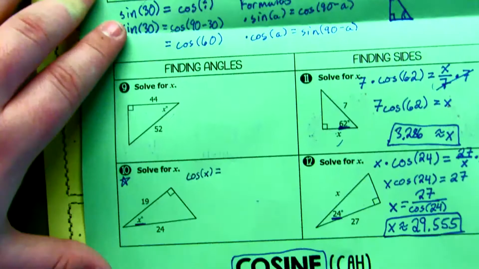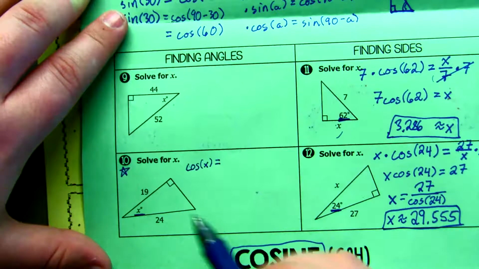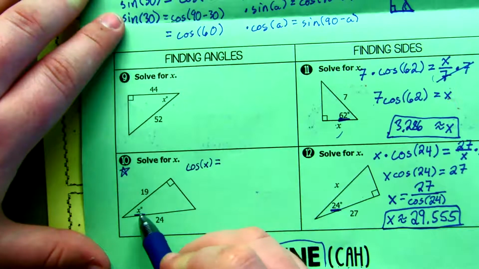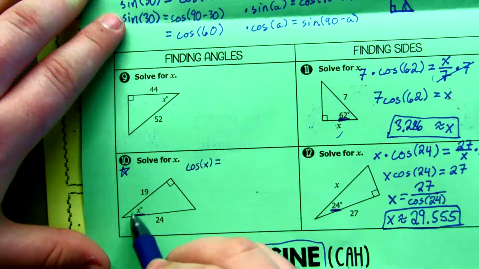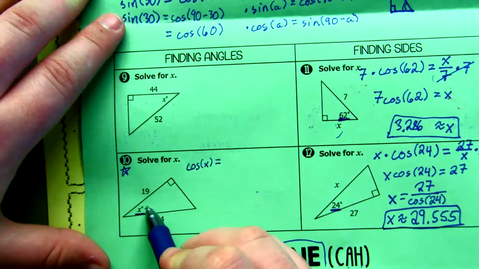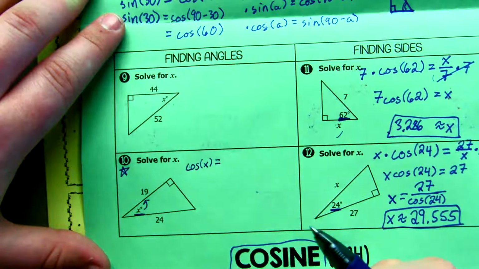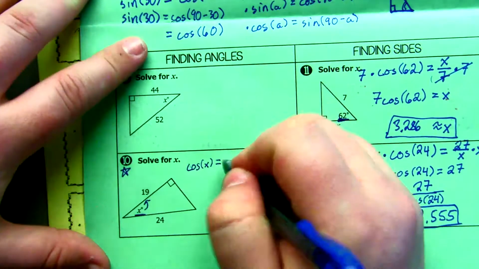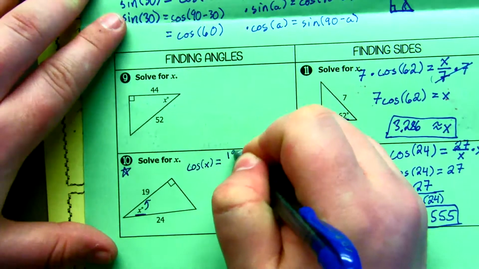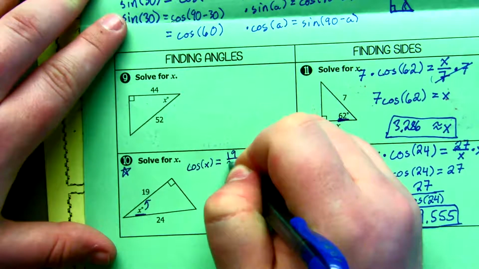So we're going to look down at our triangle and say, what leg is adjacent to x? Our 19 is. We're going to say cosine of x equals 19, and then 24 is our hypotenuse.